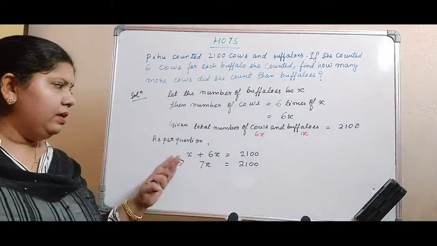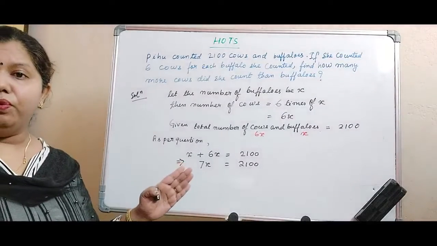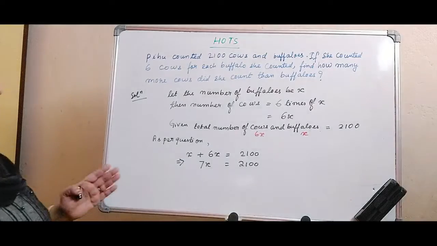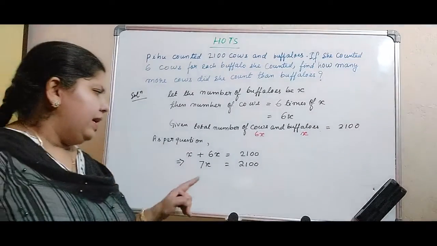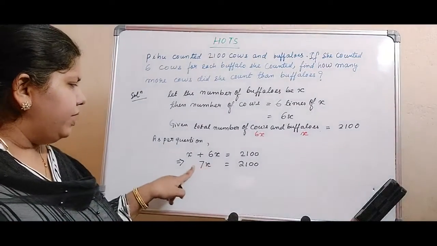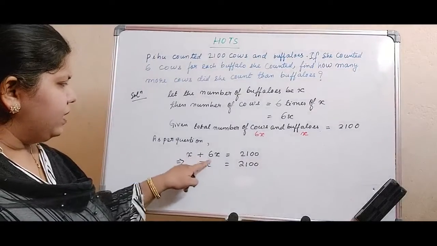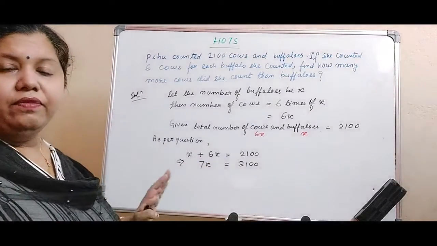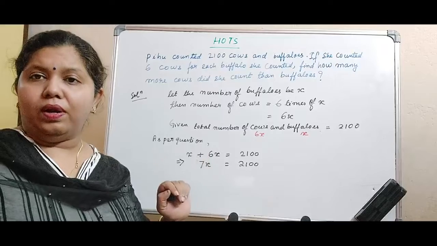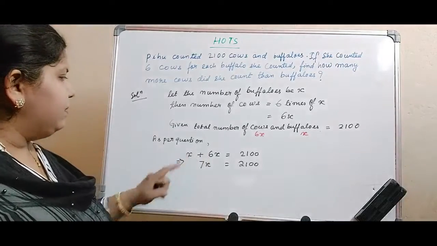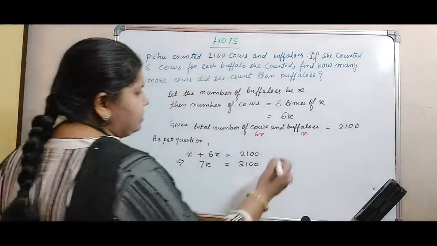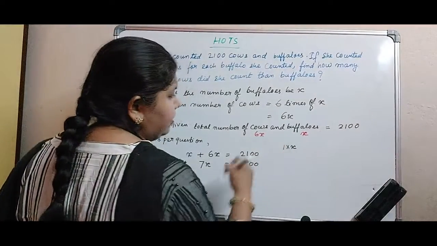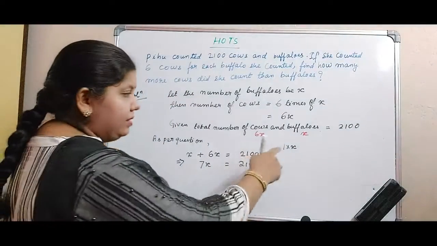Understood? Now I think this thing is completely new for you. Let me tell you what is the concept here. x is an unknown thing, but it is multiplied with 7, because x plus 6x means what? Like we add 1 plus 6. If I say x, it is actually not just x, it is 1 into x. 1 is hidden in the x.